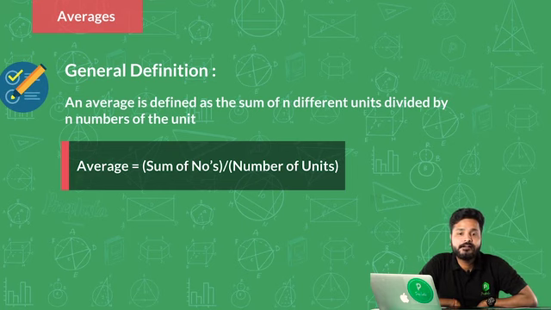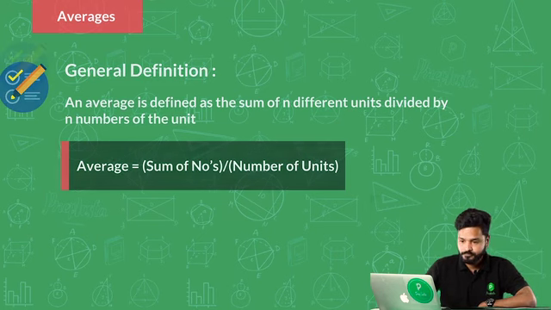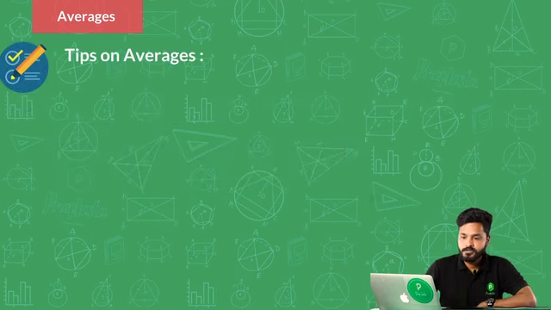Then we divide it by the total number of students in the class, that is 10 in our case. That gives us the average. So average is nothing but sum of numbers upon number of units, right? This is the basic formula on averages.